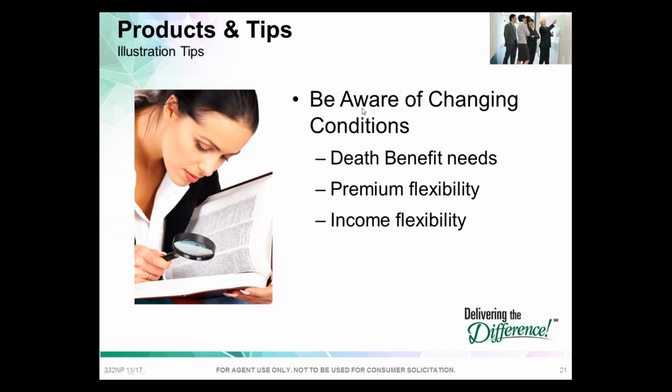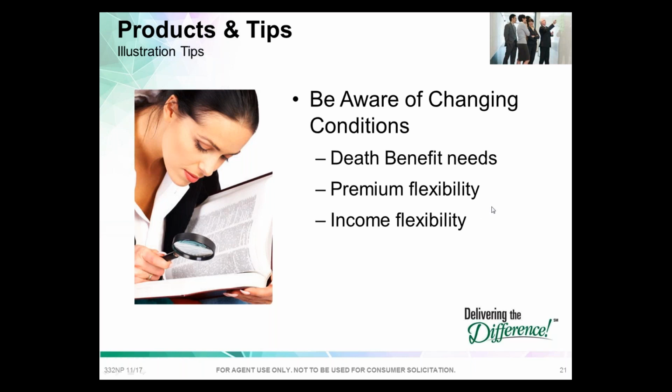So be aware of changing conditions. Here's another thing: their death benefit needs may change. What you may find today for a death benefit need could be different 5 or 10 or 15 years from now. So have the conversation about, well, this is what you need today. Is there something that might be changing 5 years or 10 years from now?